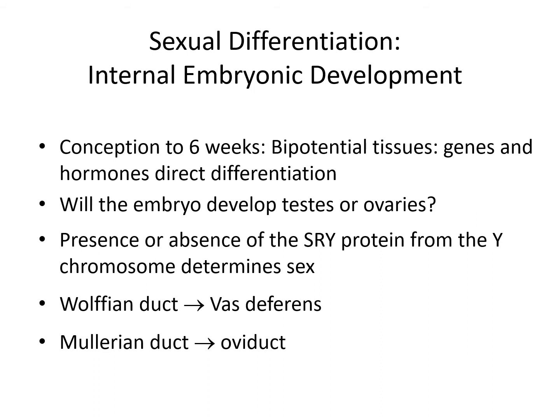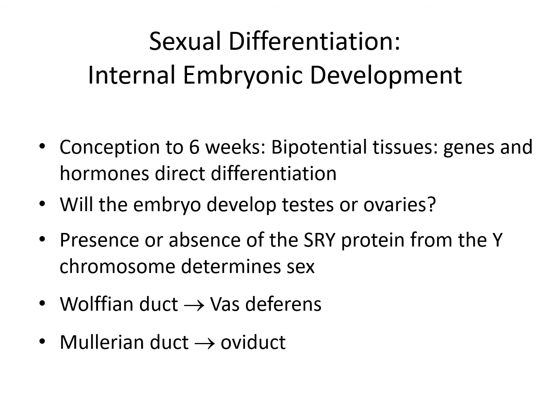Incidentally, SRY stands for sex determining region on the Y chromosome, kind of a clunky acronym. Now, another thing to note is that in this bipotential embryo, we have two series of ducts. We have what are called the Wolffian ducts, and they develop into the male-specific aspects of the sexual plumbing, I guess you could say.